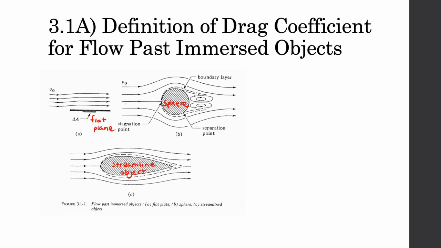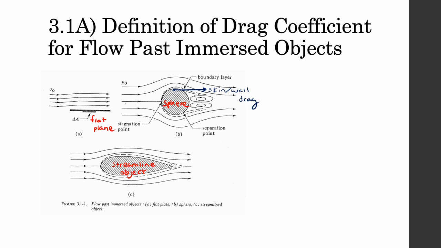Basically, there are two key forces that we have to consider on these that will create some sort of drag based off of these objects' shapes. So right here, one of them is something called skin or wall drag, which is basically parallel to the flow of the object relative to the surface.